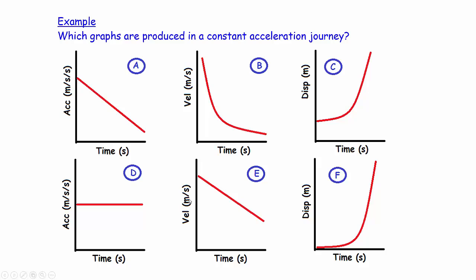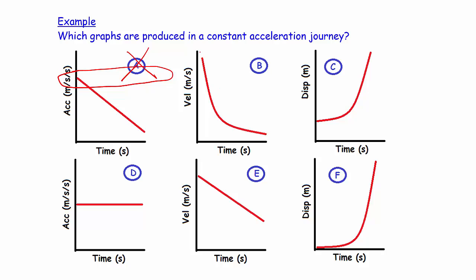Okay. And so we can look and say, well, hold on, which one of these makes sense for being a constant acceleration graph? And, well, that's certainly not constant acceleration, because constant acceleration goes horizontally. So that's not going to be a constant acceleration graph. For this next one, now I'm looking at velocity versus time.